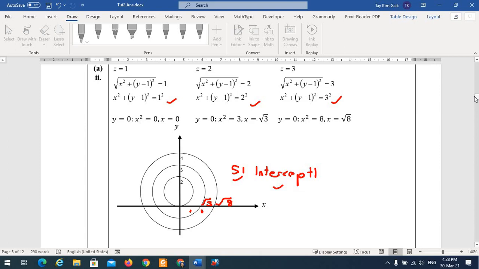Again, to eliminate your square root, you square both hand sides. Now you see the coefficient for x squared is 1, the coefficient for y squared is 1, but the y, after completing the square, becomes y minus 1 squared. This is actually a circle where the x is centered at 0, but y equal to 1.